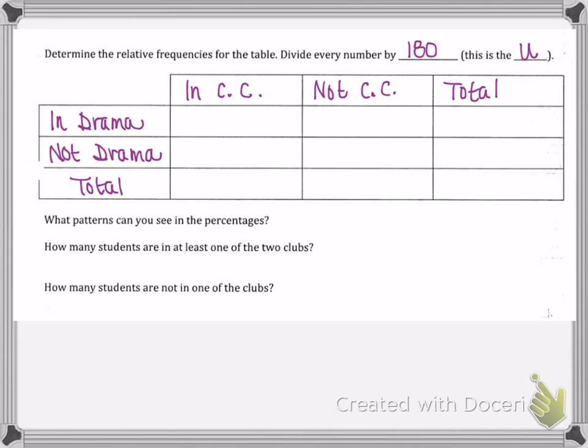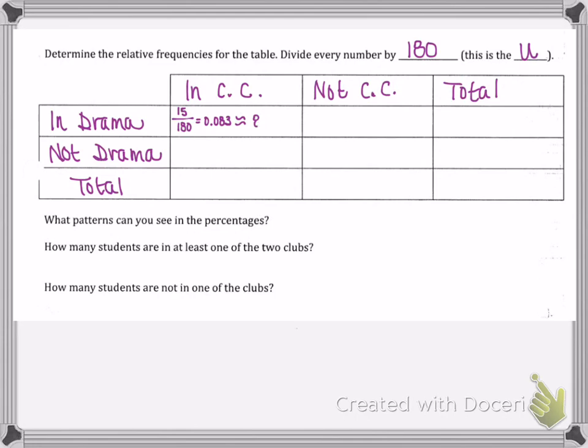Now we're going to use the table that you have further up on your packet, and we are going to total them out of 180. So we had 15 students in this region out of a total of 180. So we're going to divide that. We're going to get 0.083. To get a percentage, we're going to multiply that by 100. This is approximating, so I'm going to change to squiggly equals.